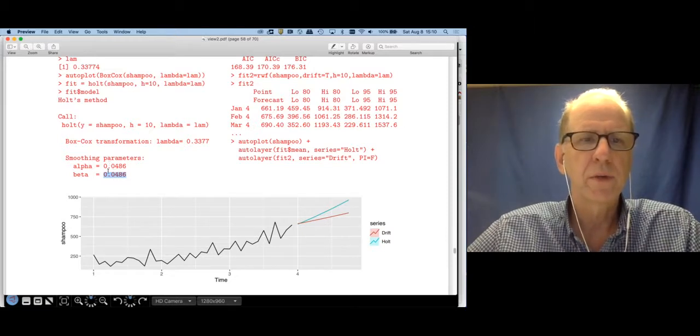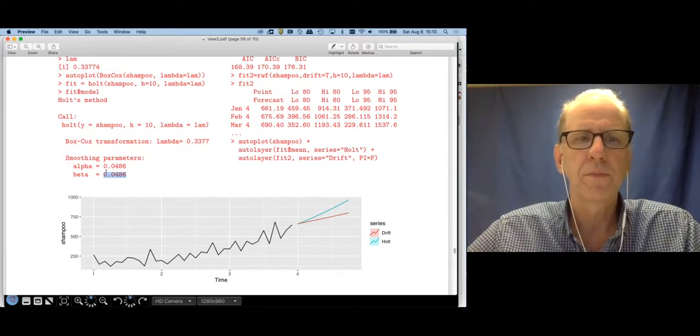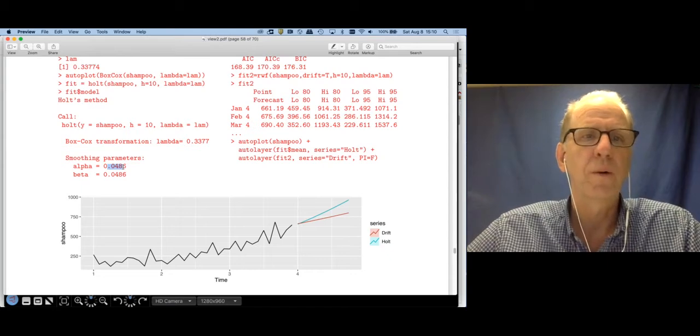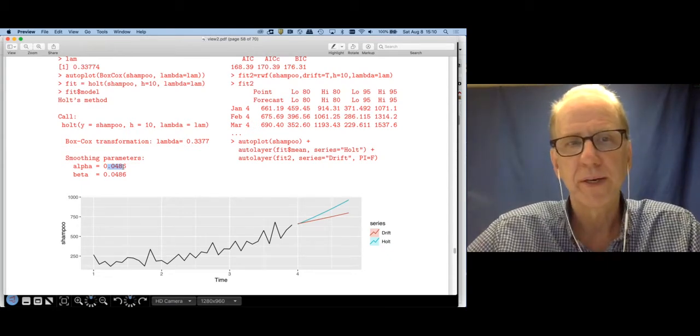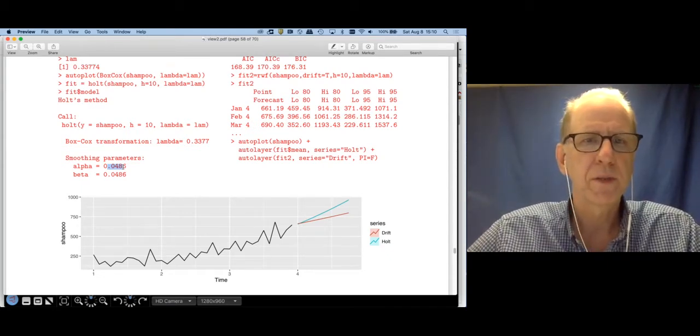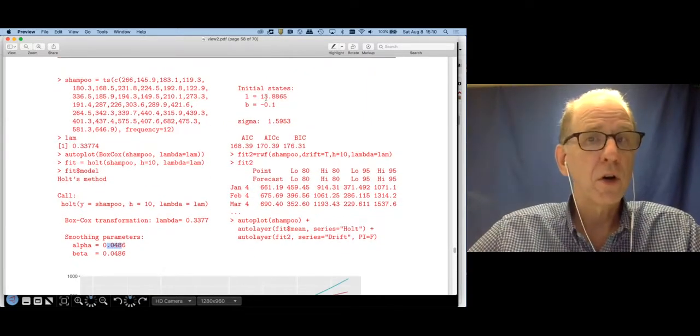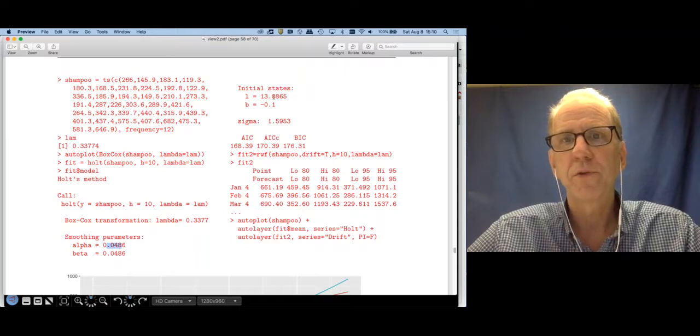Likewise, after accounting for the slope, there's not a lot with the alpha that we need to do, so we get a very small value there as well. These values have been picked by the holt function to minimize the sum of squared errors. It's also chosen our initial values for us.